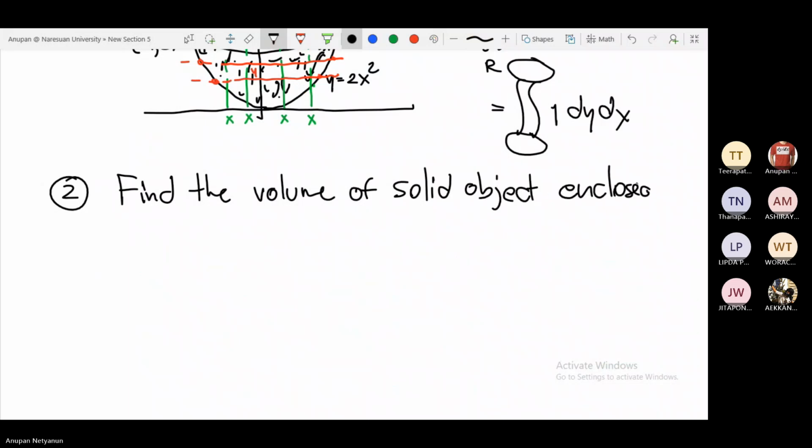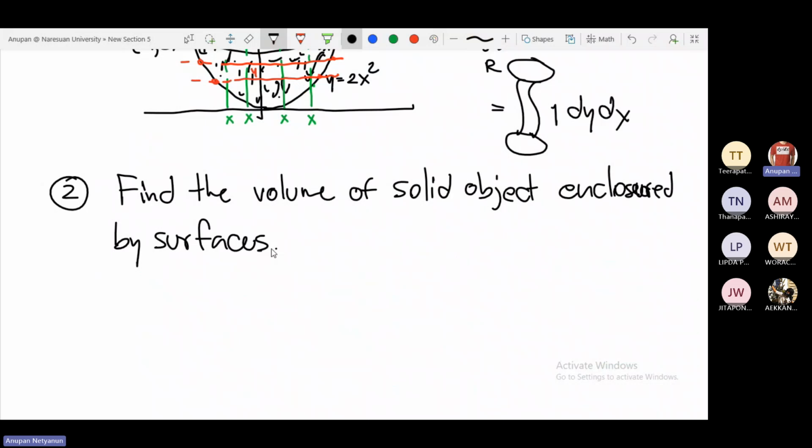enclosed by surfaces. Okay. Let me give you the example.